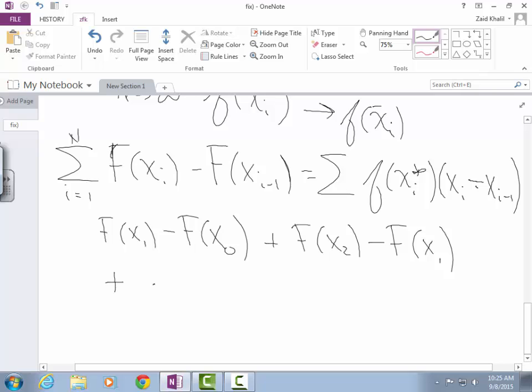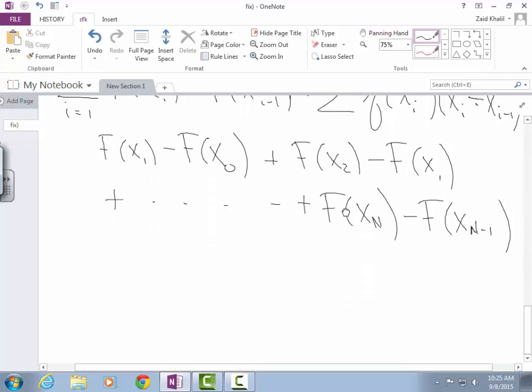Plus all the way out to the nth one. And so what we end up with is that sum, which is the area under the curve, is equal to the final f at xn minus f of x0. That is the area under the curve.